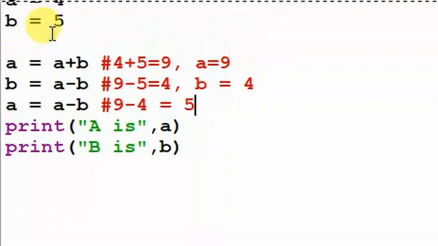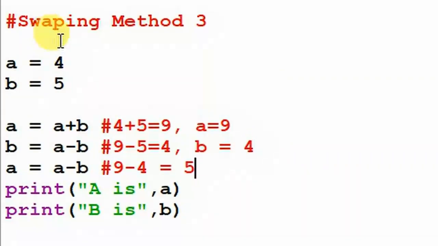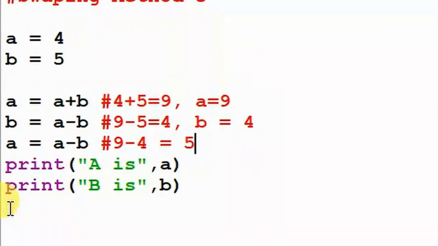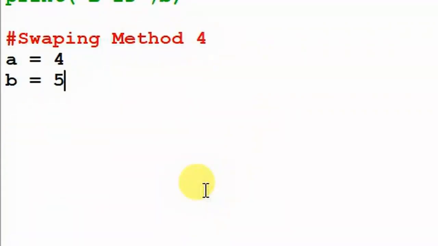That is method 3, let me explain it. So I first create two variables, a is equal to 4 and b is equal to 5, same as before. And in this place I am using method 3, the same as this: a cap b. This cap acts as the XOR logic.